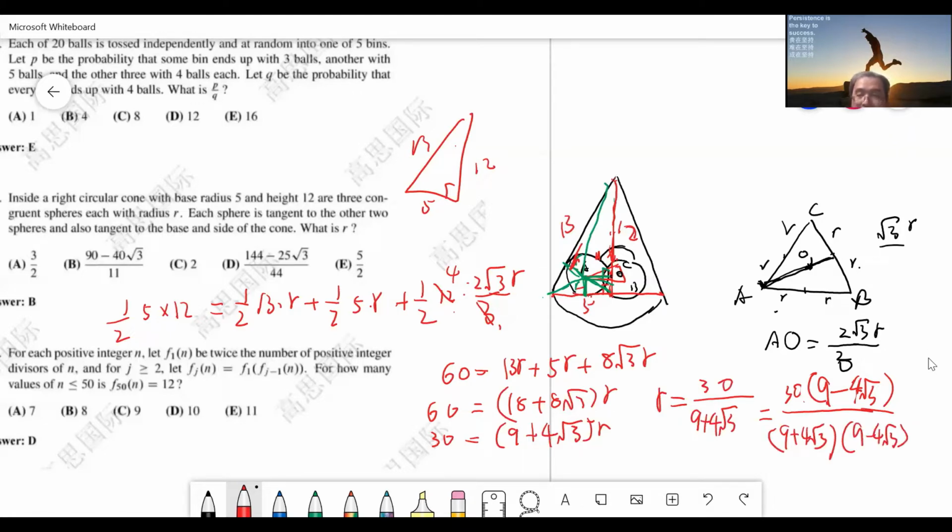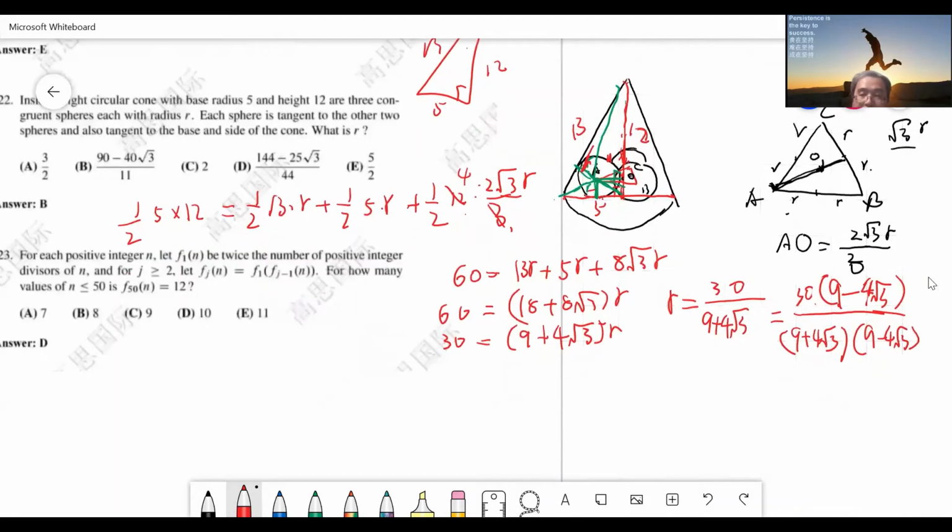The top is going to be 30 times 9 minus 4 square root 3. The bottom is 81 minus 16 times 3, and 16 times 3 is 48. Right, so then we continue.